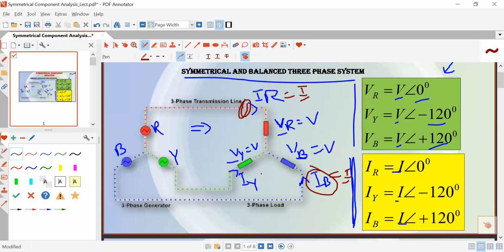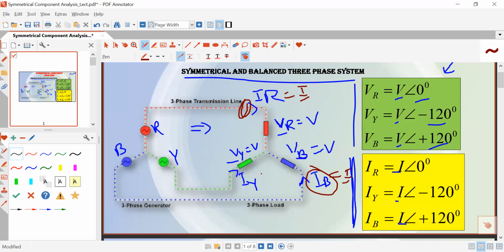So to understand this concept, you must understand what is the meaning of symmetrical system, what is the meaning of balanced three-phase system. For this, you have to watch the previous video. You should go through the previous video, then only you can understand the symmetrical component analysis.